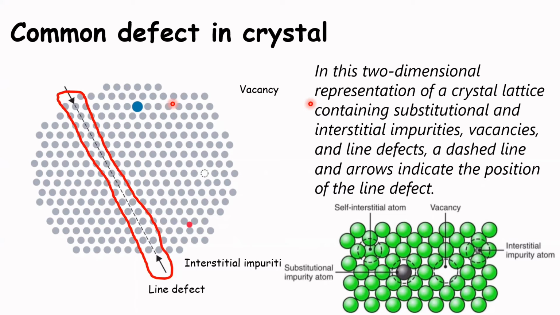Secondly, we have a linear defect, which are groups of atoms in an irregular position. Linear defect is also known as a dislocation. And the third one, we have a planar defect, which are interfaces between the homogeneous regions of the materials. Planar defects include grain boundaries, stacking faults, and also external surfaces.